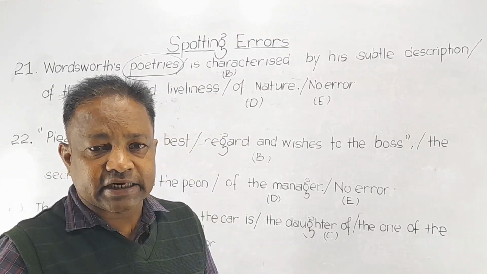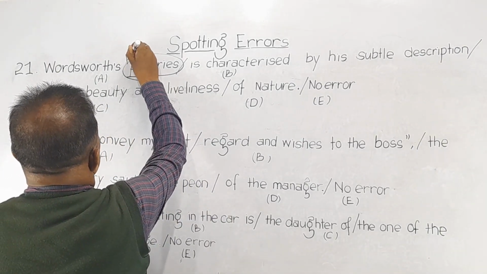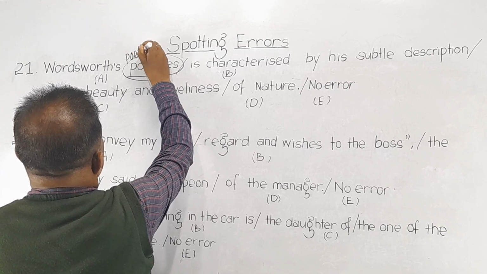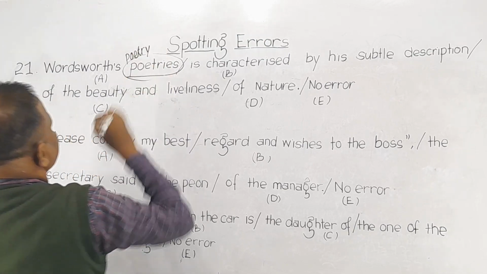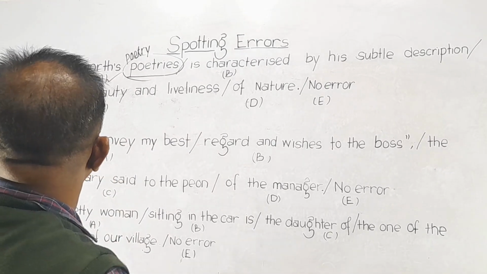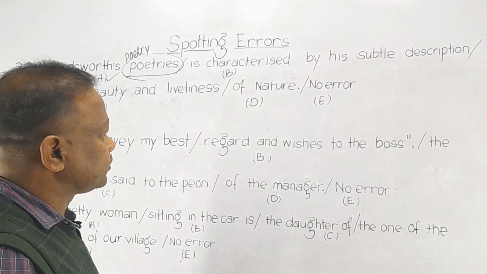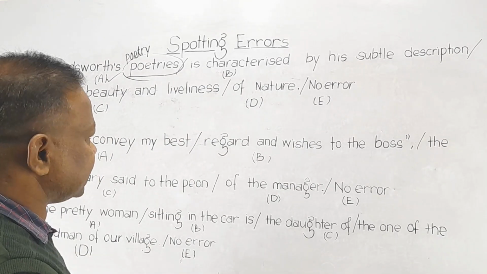So we need to write poetry. This is not poetries, it's poetry. Okay? So this one is the part. Wordsworth's poetry is characterized by subtle description of the beauty and loveliness of nature.